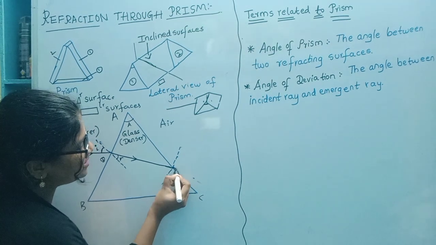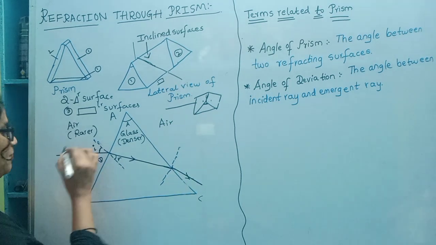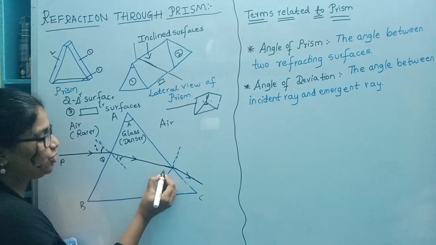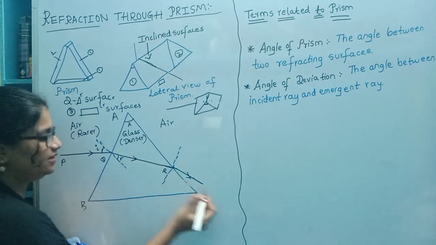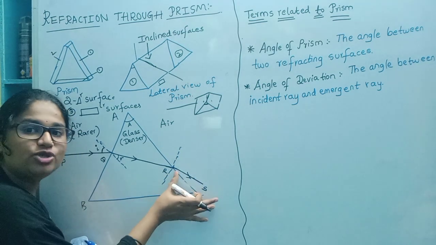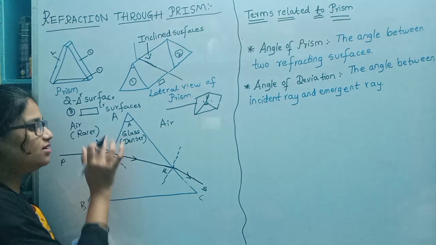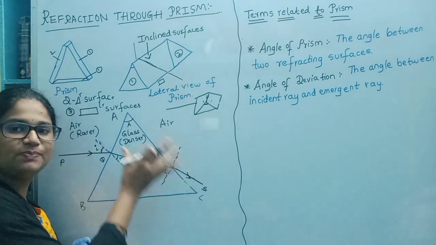The light ray bends away from the normal. So here PQ is the incident ray, QR is the refracted ray, RS is the refracted ray, or we can say the emergent ray with respect to this. This is how the refraction takes place through the prism.